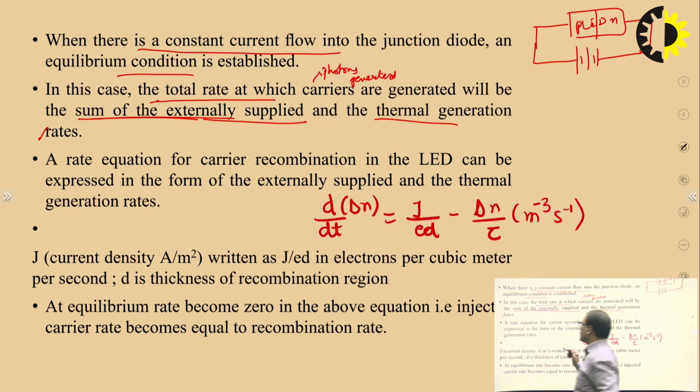मींस अ रेट ऑफ इक्वेशन फॉर द कैरियर रिकॉम्बिनेशन कैन बी रिटन एज d by dt delta n.